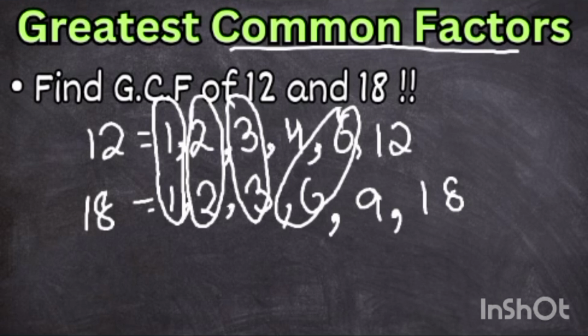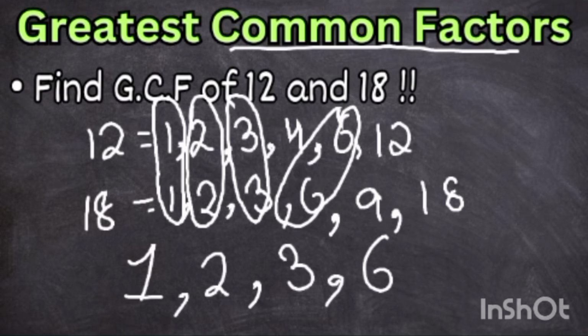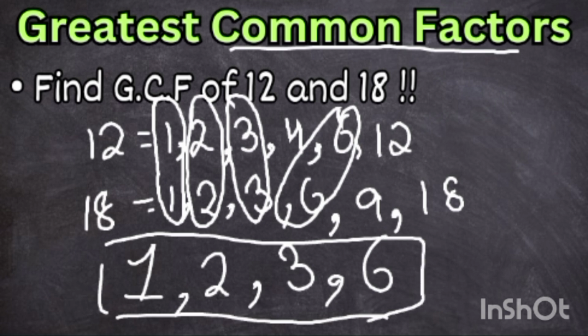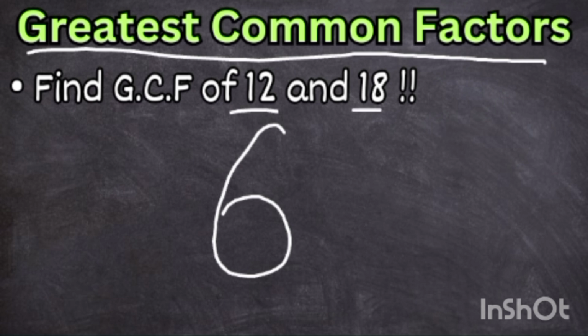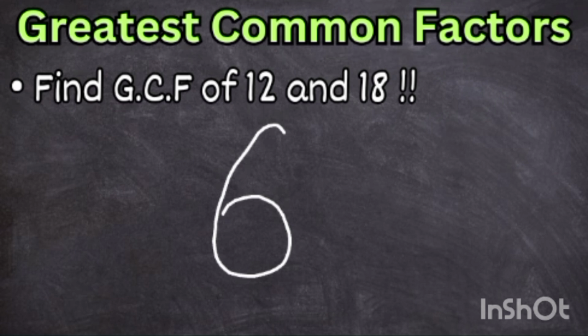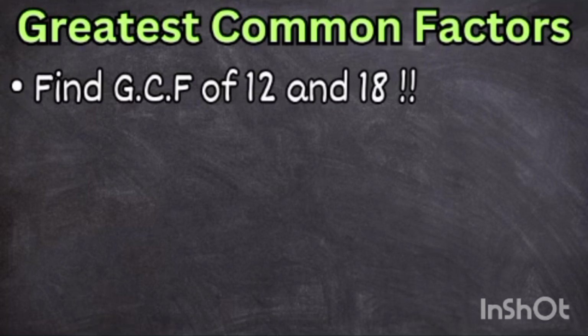Now we need to see which is the greatest common factor. The greatest one is 6. So 6 is the GCF, the greatest common factor, of 12 and 18.